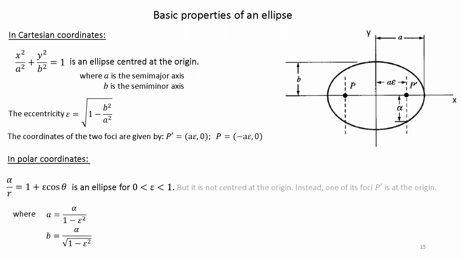When we talk about the orbits of planets, most of the time we will be talking about elliptical orbits. Just a reminder, maybe you are familiar with this already, about the basic geometric properties of an ellipse.